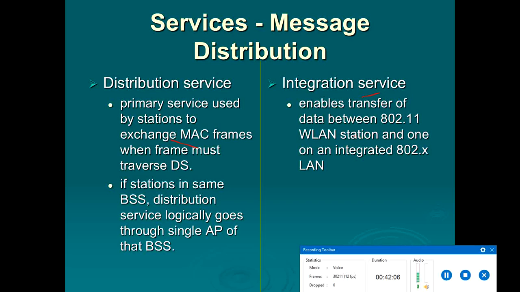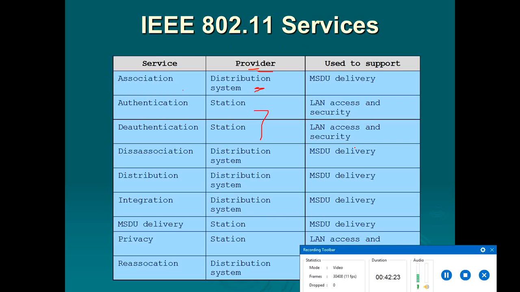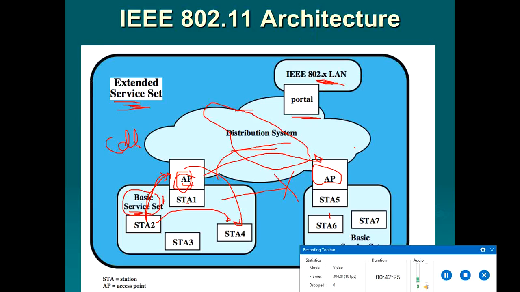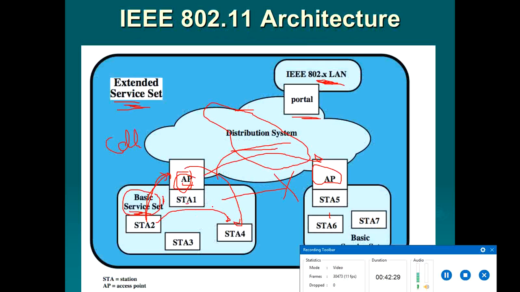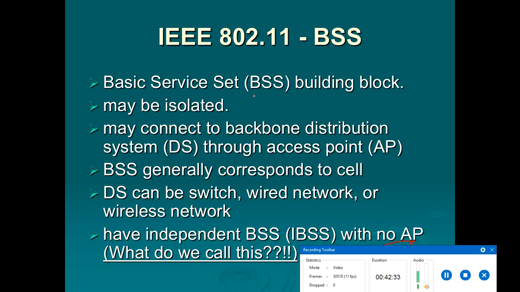The term integrated refers to the wired LAN which is physically connected to the distribution system and whose stations may be logically connected to the wireless LAN. So for example, from one of the stations in the wireless LAN to a station which is on the wired LAN.